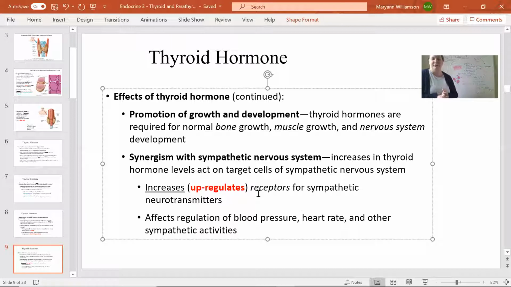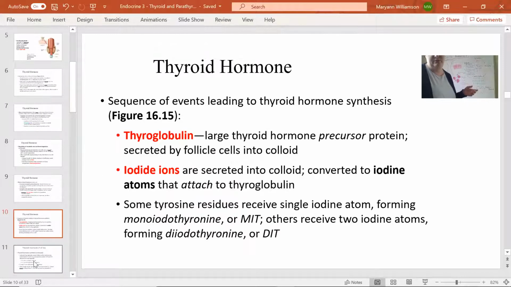What would that be? Like epinephrine, norepinephrine. So you're going to make more receptors for the sympathetic neurotransmitters. And also it's going to affect blood pressure, heart rate. So higher thyroid hormone can increase heart rate and can actually be dangerous eventually.